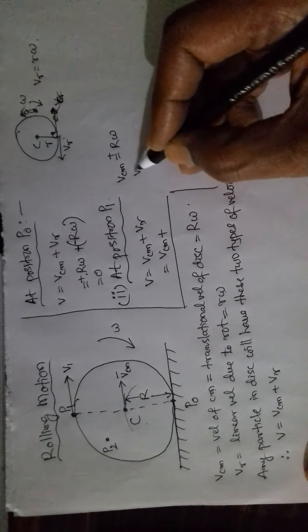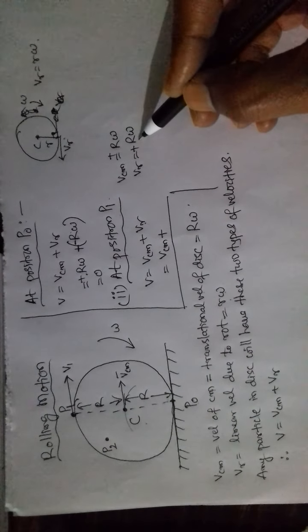Next VR. VR is equal to R omega. From here to here the distance is capital R, therefore R omega. So here we see both are the same.